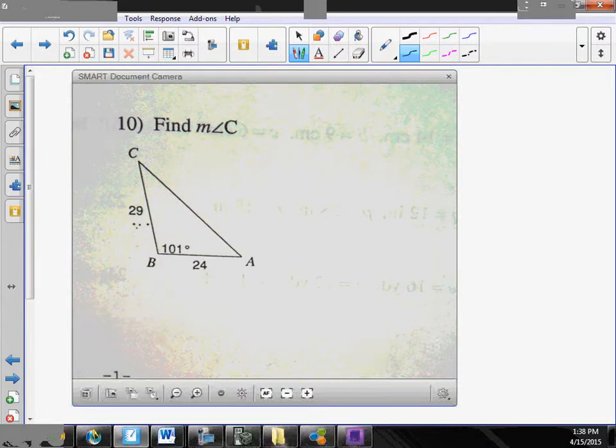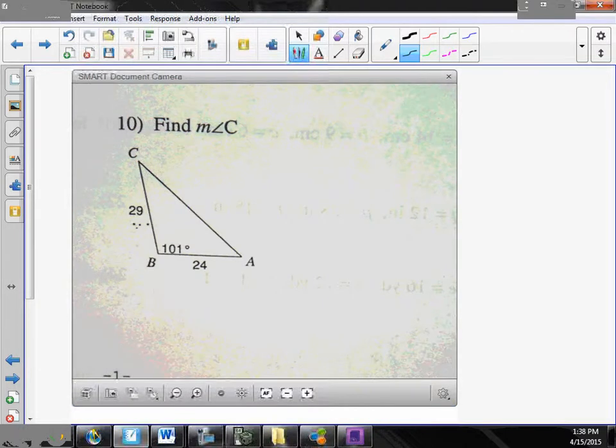Why? Because I have angle B. If I use the b squared equation, what am I going to figure out? Side B. Is that what I want? No. But I need B. How come? Right.